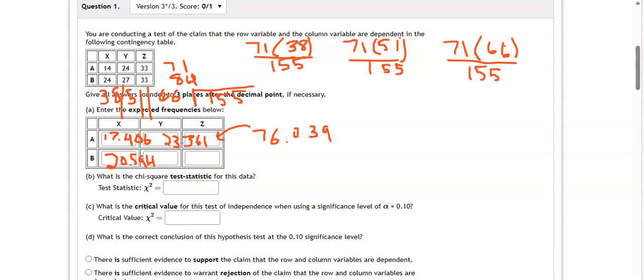All right. Now, let's do the next one. So if I look at the 27, down below it was the 51, and out to the right is the 84. So 84 times 51 divided by 155 ends up being 27.